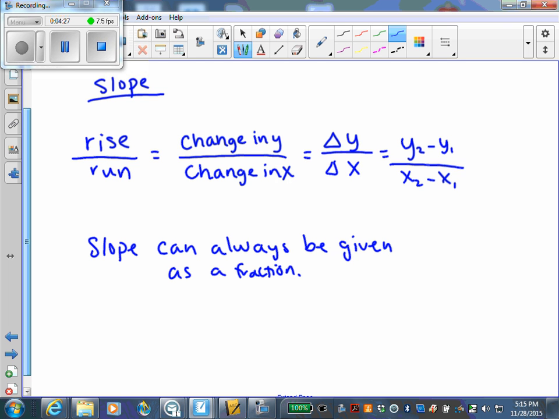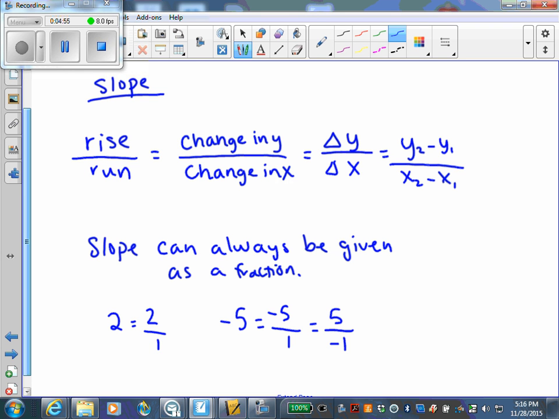If it comes as a whole number, like say if your slope was 2, that's really the same as 2 over 1. So your rise is 2, your run is 1. If your slope was negative 5, then that's the same as negative 5 over positive 1. So that means your rise would be going down 5 and to the right 1. Or it could be a positive 5 over negative 1. So you could be going up 5, but to the left 1.